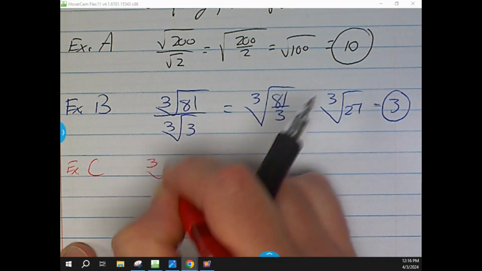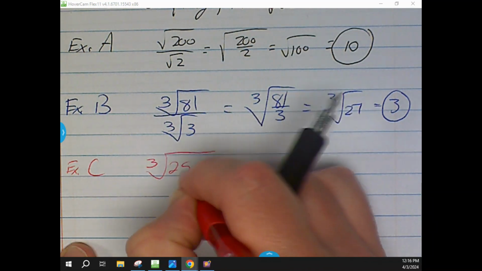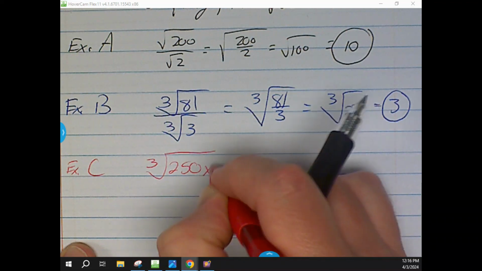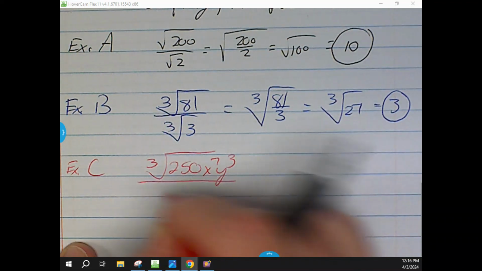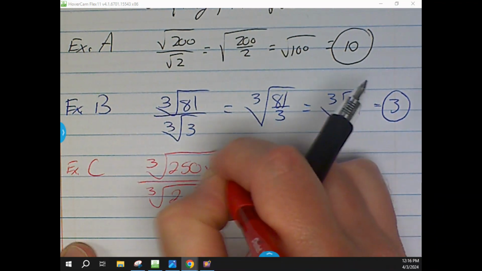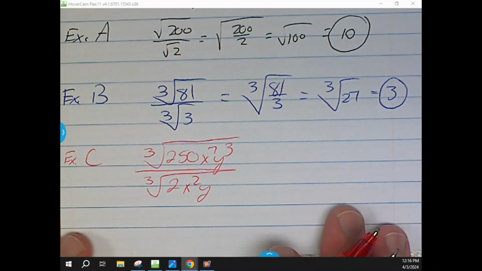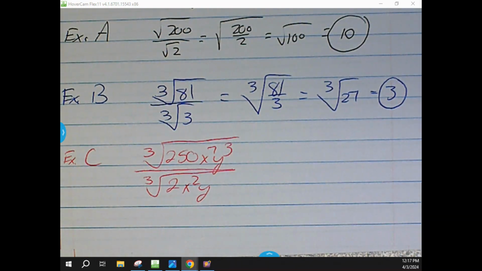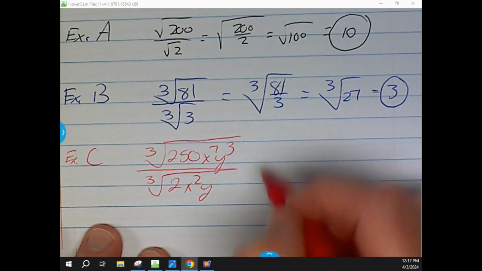Okay, do another third root one. Okay, so let's do 250 on top, or 250 x to the 7th y to the 3rd. On the bottom, we've got 2x squared y, and everything is third root here. Okay, so this is one you almost want to do in different pieces.